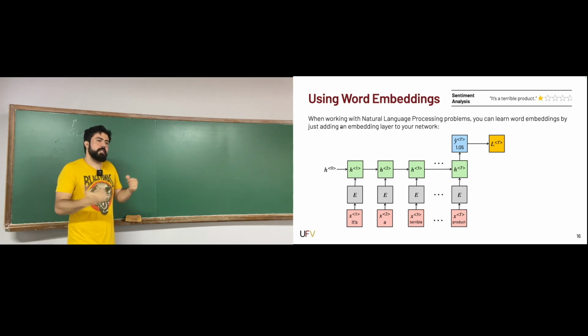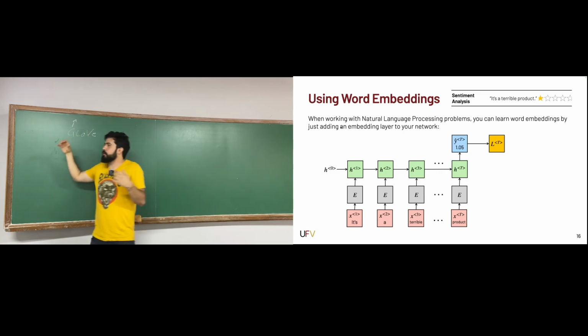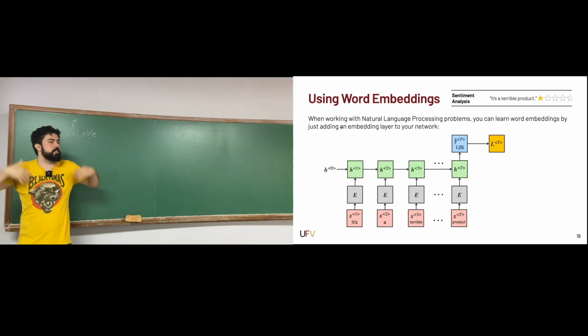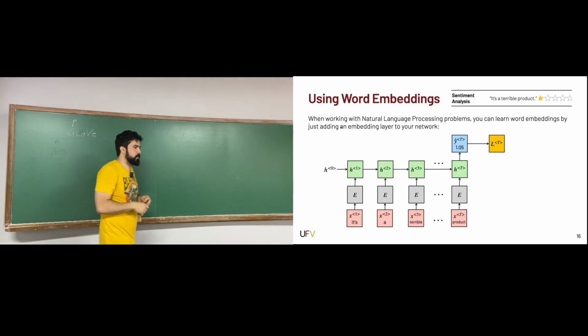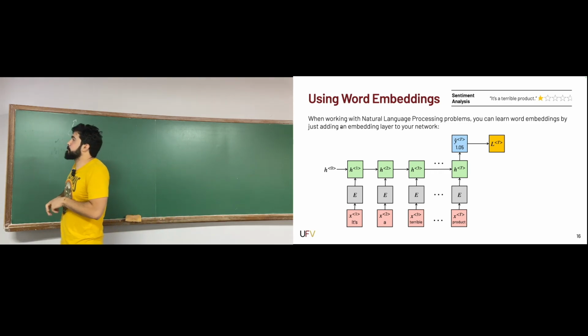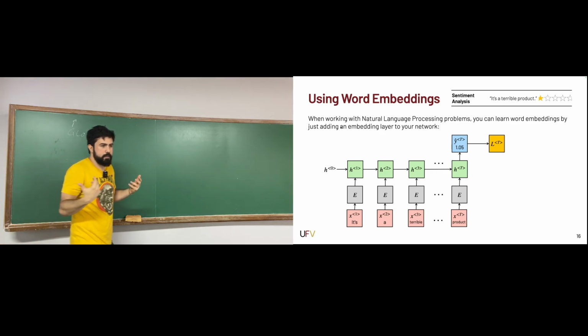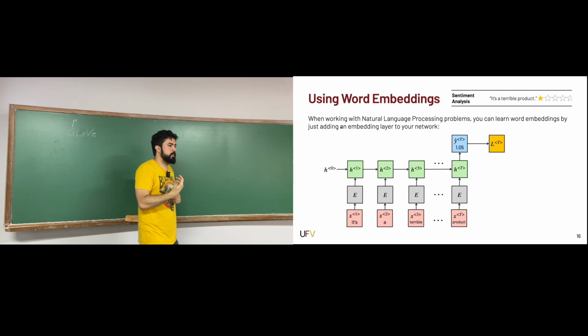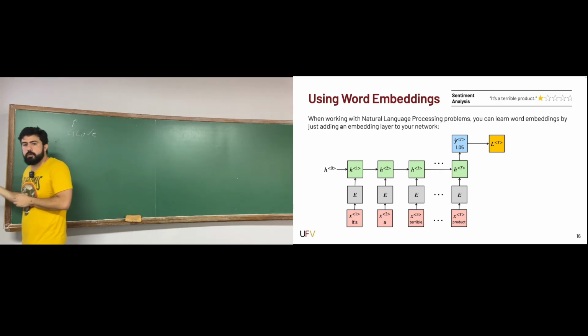The other approach is to not actually initialize this matrix from a previous model. You can just initialize them randomly and let your learning procedure learn these matrices from scratch, from a random representation. Right? For example, in my PhD, I was working with music. I couldn't reuse these matrices from Word2Vec or anything like that. But I still added an embedding layer for processing my words.